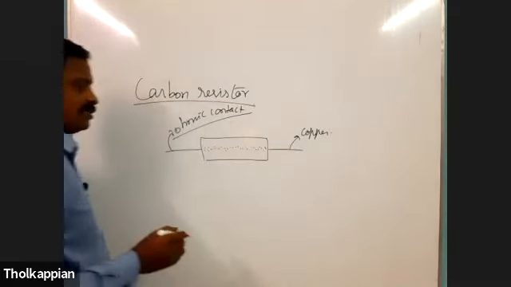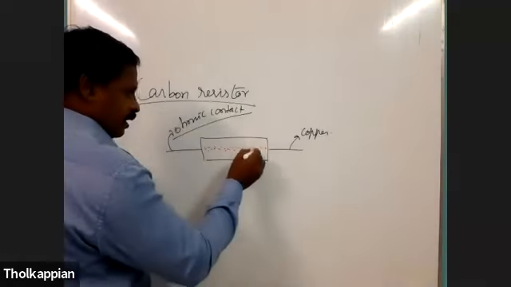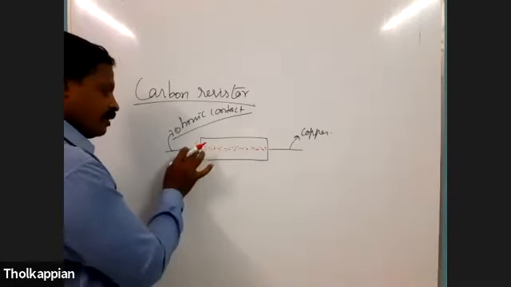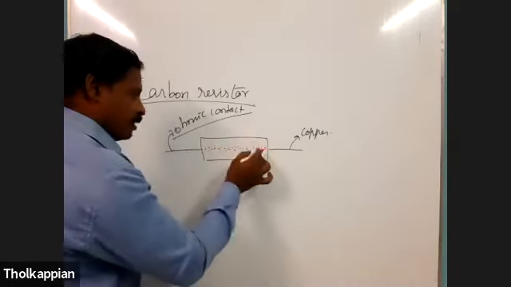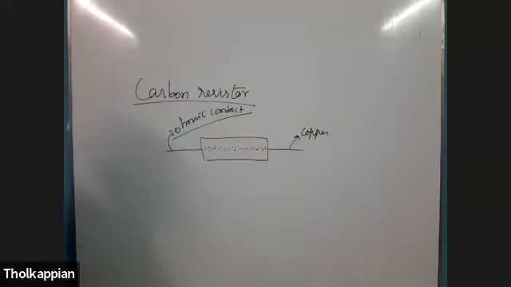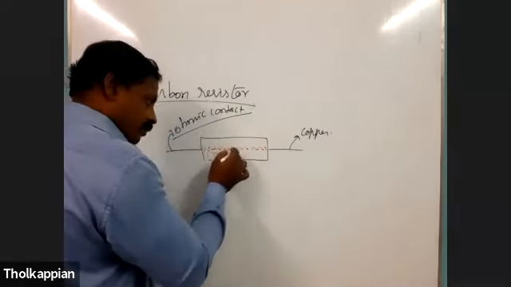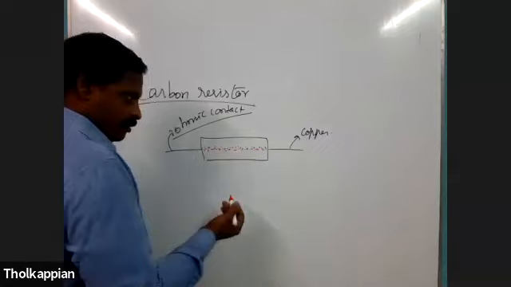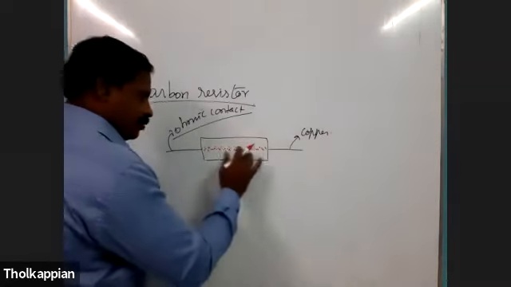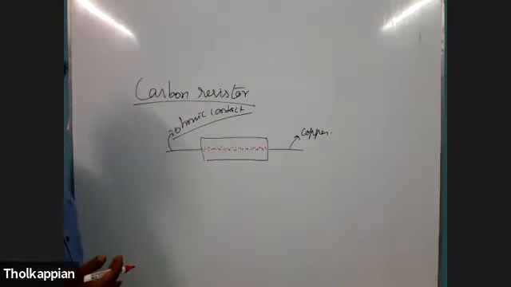Even though carbon is a poor conductor, depending upon the deposition of the carbon between these two terminals, the resistance value is different. If the crystalline carbon deposition is more, less resistance will appear. If the deposition is less, more resistance will come.